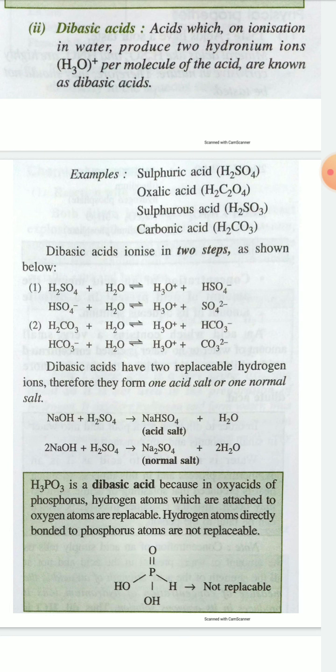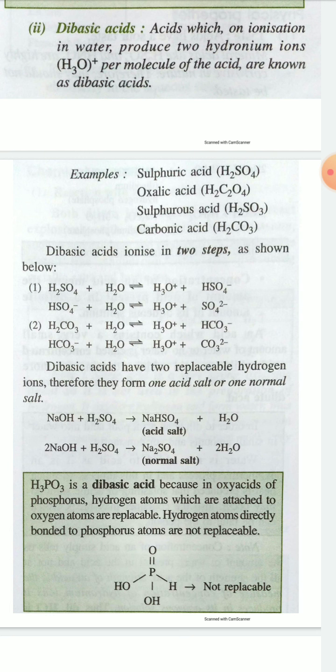So when a dibasic acid reacts with a base, in the first step they form an acid salt, after releasing one H+ ion. So when NaOH reacts with H2SO4, in the first step one H+ ion from H2SO4 is released, and the product will be NaHSO4 and water.